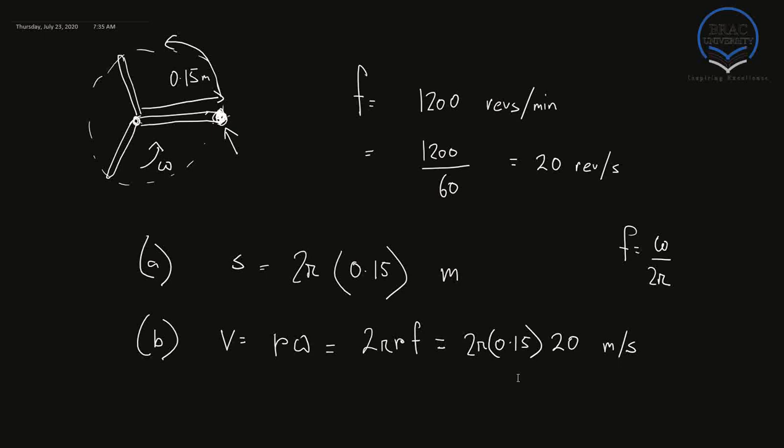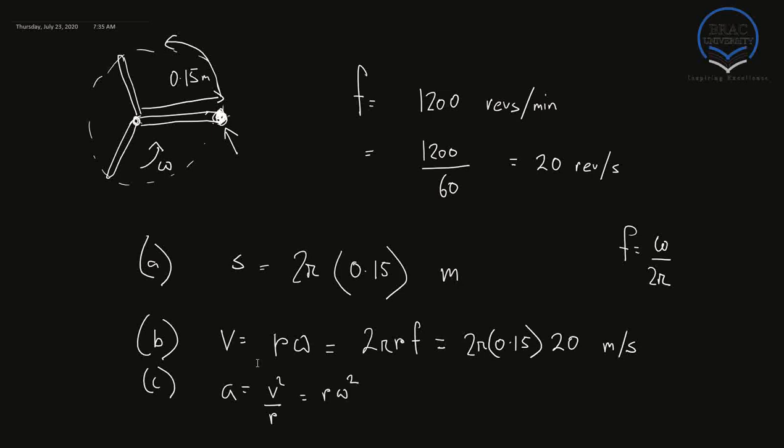What about the next one? What's C? You have to find the magnitude of the acceleration of this tip. This acceleration, as you know, is given by v square by r or r omega square, whichever you feel comfortable with.